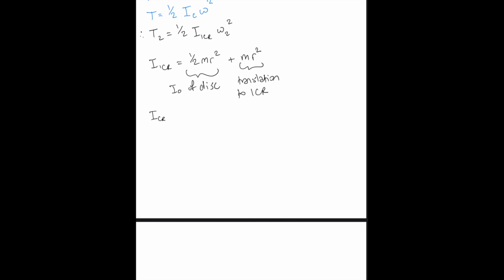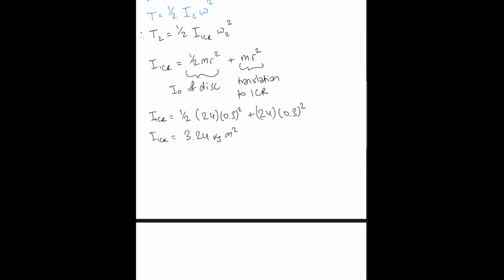So now that we've got all of our known values, we can plug them in to get half multiplied by 24 multiplied by 0.3 squared plus 24, and the distance between G and the center of rotation is also 0.3 squared, which is going to give us a rotational inertia of 3.24 kilograms meters squared.